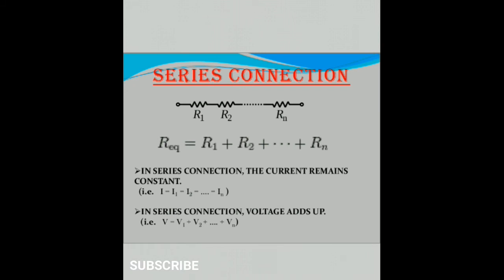Series means the end of one resistor is connected to the first end of another resistor. It means the end of the R1 resistor is connected with the starting end of the R2 resistor. So they all are connected in series.